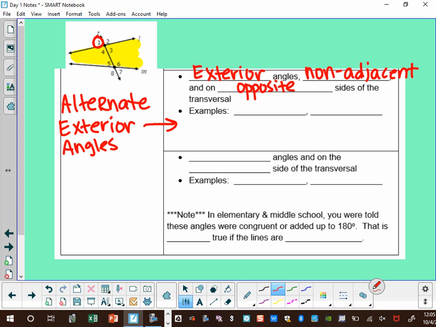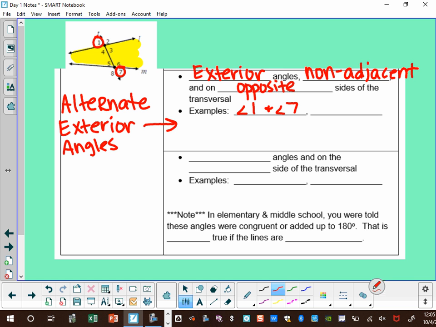What is alternate exterior to angle 1? What's alternate to that? Alternate exterior. Outside. Okay, but what's that number? To angle 1. Good, angle 7. You guys see that? Angle 1 and angle 7 are alternate exterior. Diana, what about angle 2? What's alternate exterior to angle 2?